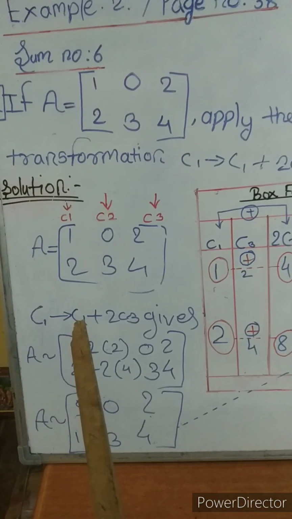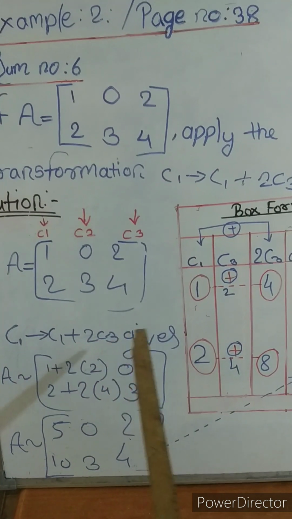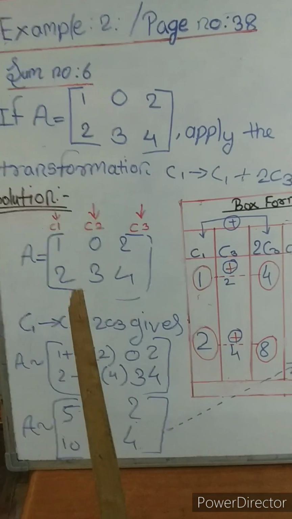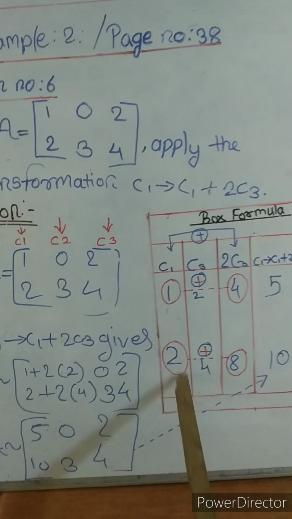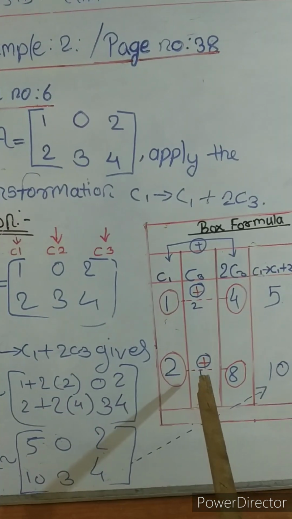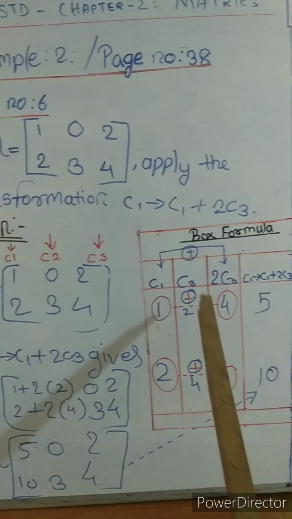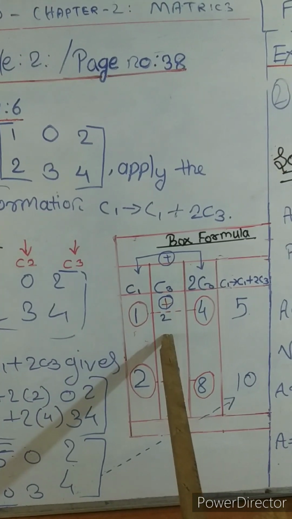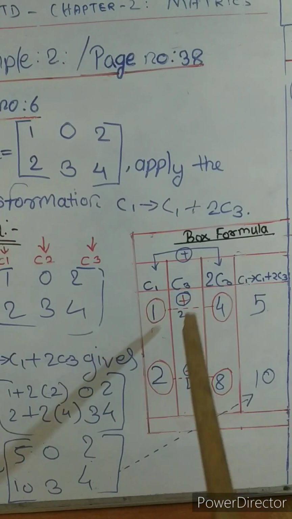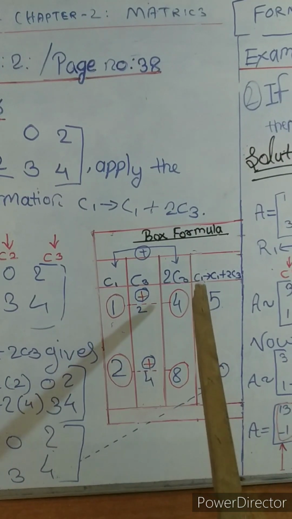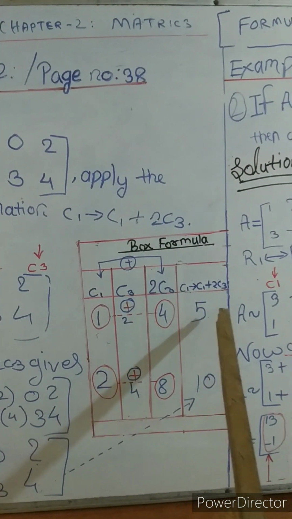Now C1 gives C1 plus 2C3. Here first C1 is 1 and 2, and C3 is 2 and 4, I have written here. And 2C3, 2 into C3, it means 2 into 2 is 4, and 2 into 4 is 8. Now C1 gives C1 plus 2C3.